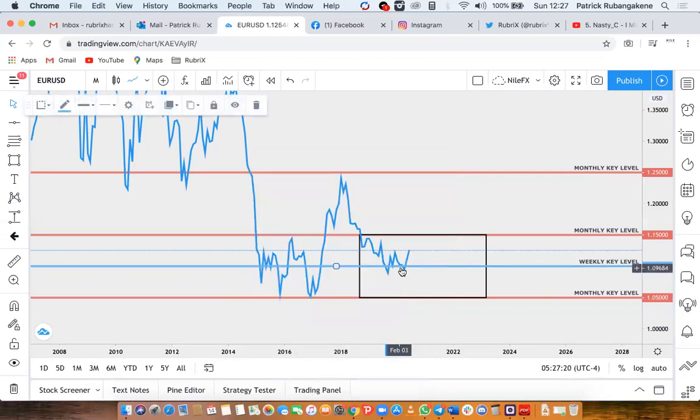Are we together, guys? Now, since a weekly key level is quite weaker than a monthly key level, I'm going to reduce my thickness to the second biggest for the weekly key levels. My thickness is not going to be the maximum. Just for formality, it doesn't really affect your trading in any way.